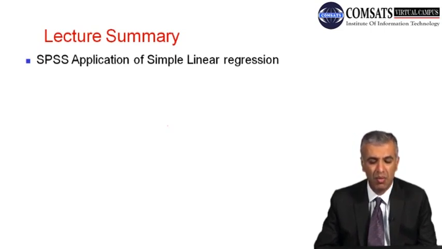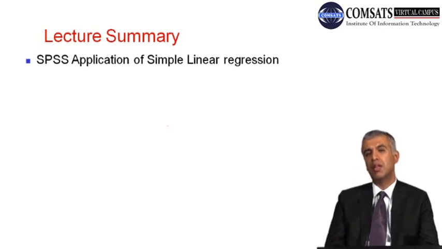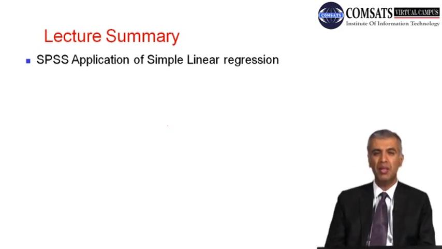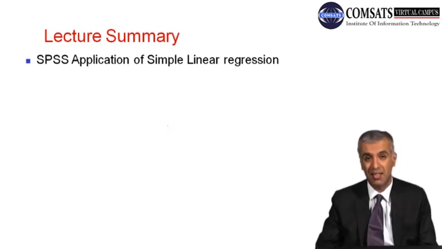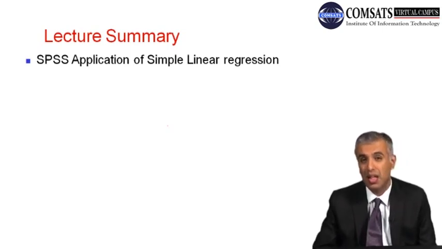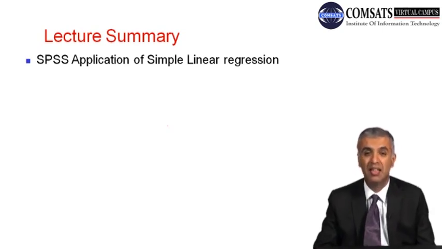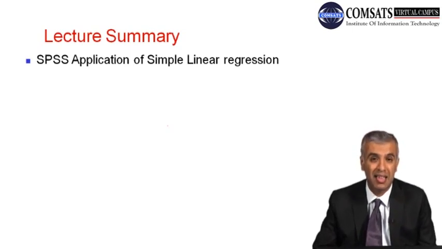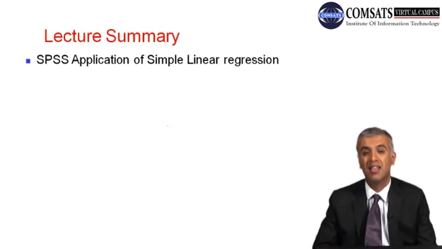So when we are dealing with multiple regression, when we are applying more than one variable impact, the important thing is that we have to see that the correlation among those independent variables does not impact the regression results.